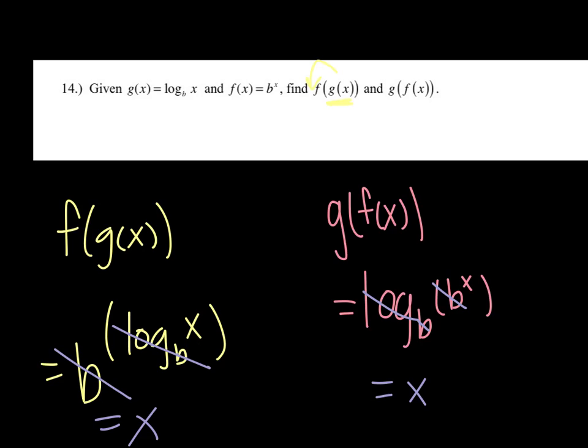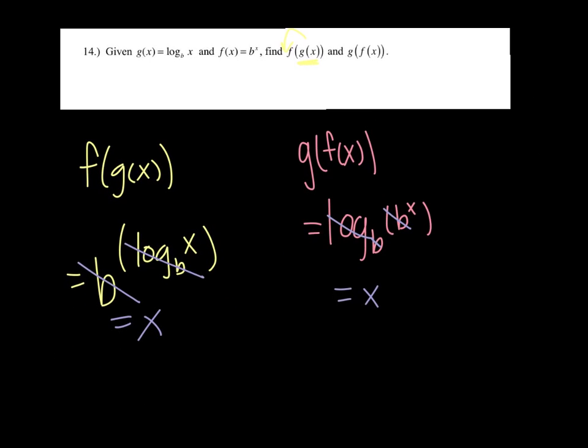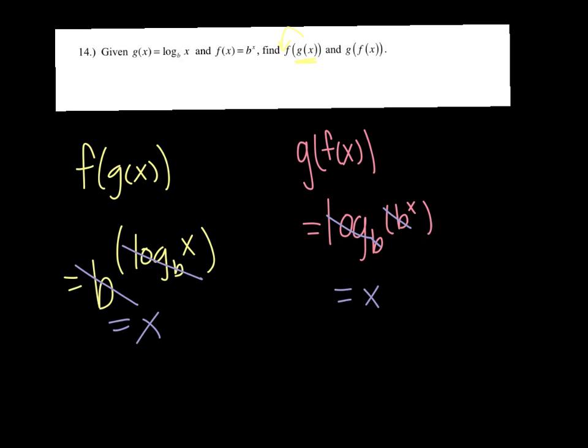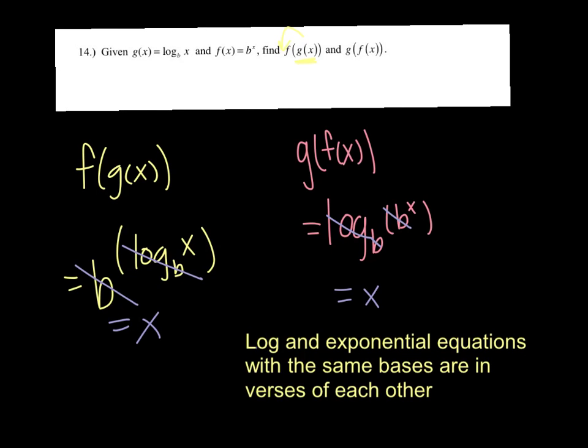So what this is showing you guys is that these two expressions are inverses of one another. So log and exponential equations with the same bases are inverses of each other.